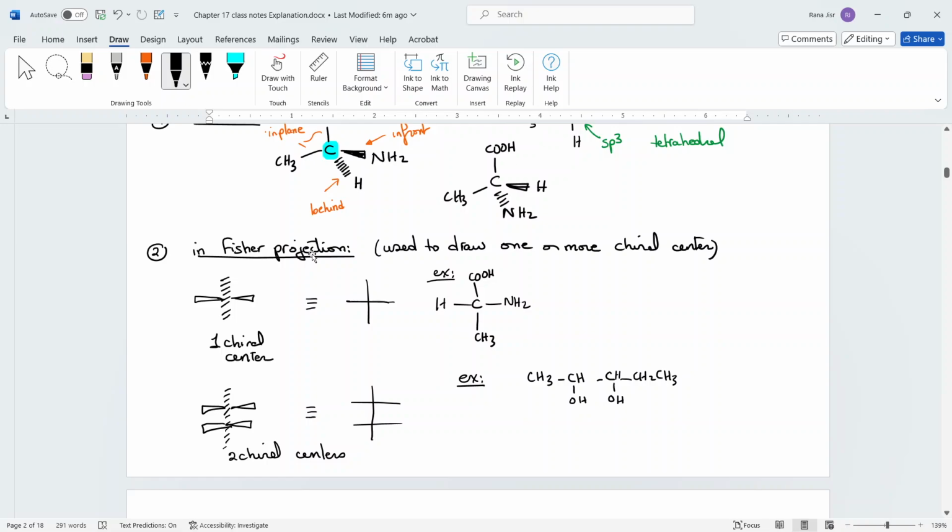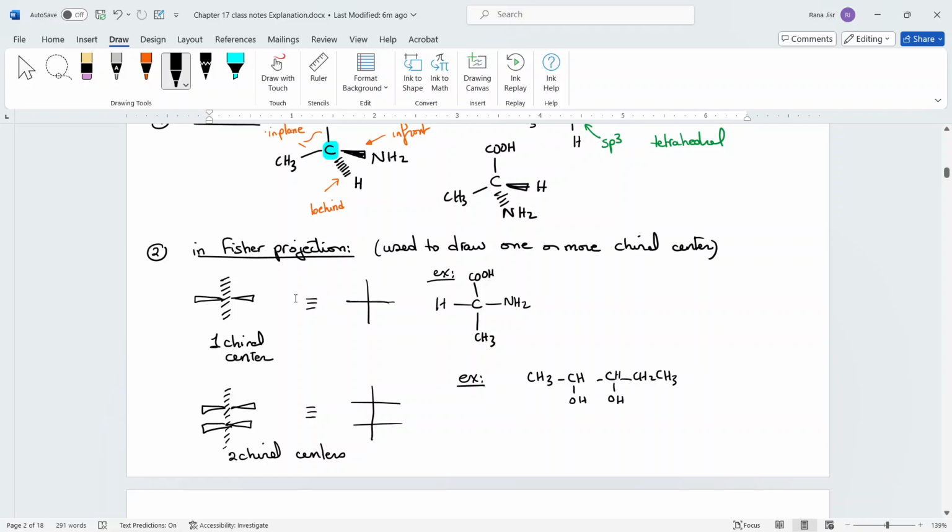So when do you use Fischer projection? Fischer projection is a useful way to draw more than one chiral center. Of course, you can draw one chiral center in Fischer, but you normally use it if you have more than one chiral center. It's easier than drawing the 3D representation.